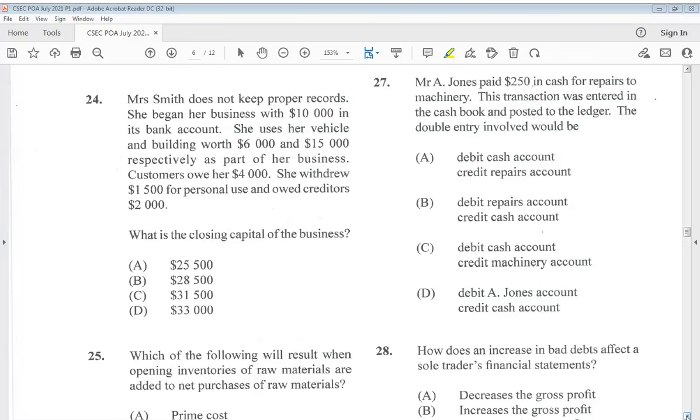How much is motor vehicle? $6,000. Then we have building, $15,000. So that's a total of our assets, $21,000. Now, what's the liabilities? Here we have drawings because it says she withdrew $1,500 for personal use. So that's drawings. And creditors, $2,000. So that's a total of $3,500.